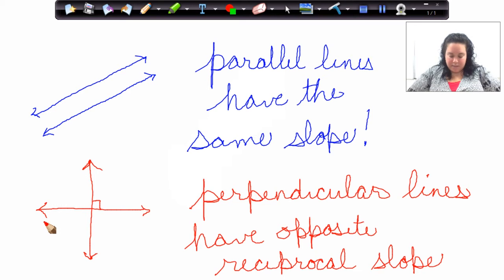One way you can think about this is if you think about positive slope as going uphill, and the steeper the slope, the harder it is to climb, and you can think about negative slope as going downhill. As you go from left to right, negative slope would be downhill.